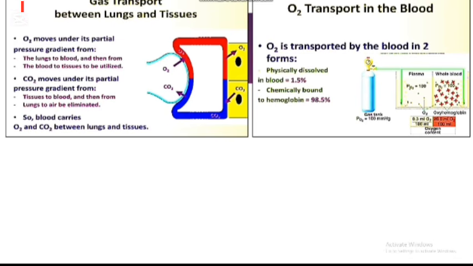Carbon dioxide. So I said that gas transport is defined as the physiological mechanism of how oxygen is transported from the external environment to the lungs, and then from the lungs to the blood, and from the blood to the what? Tissues.